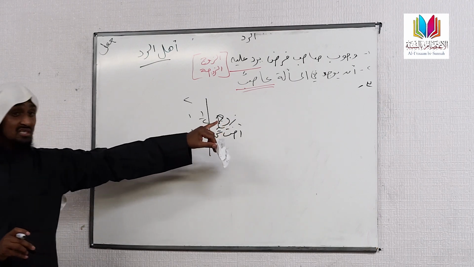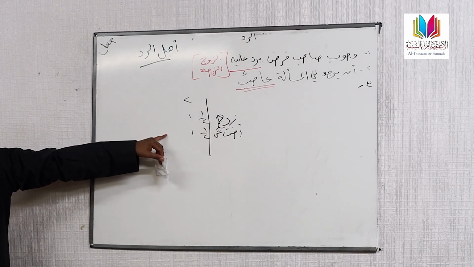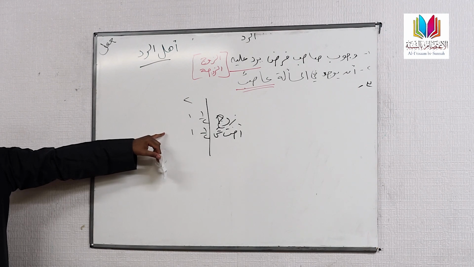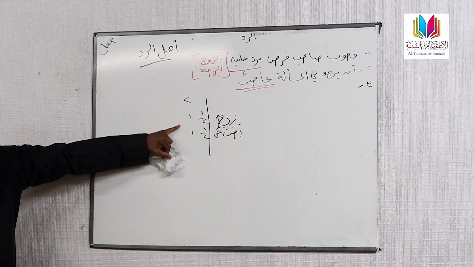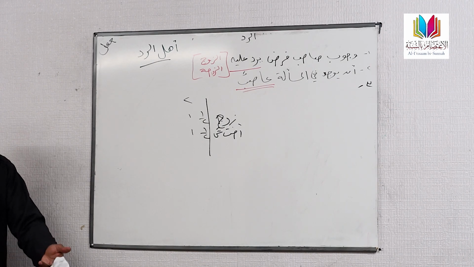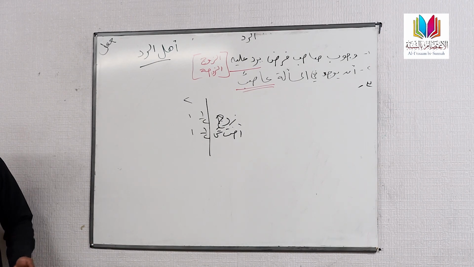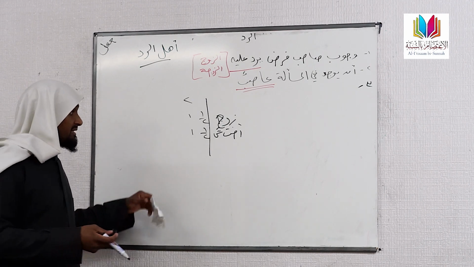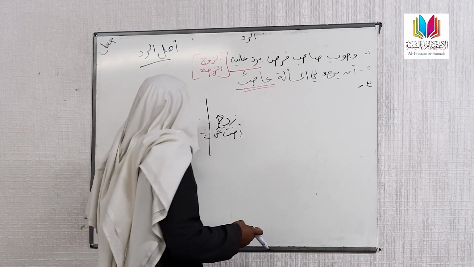So the third condition, that the furud are not finished in the mas'ala, means this: there has to be something left over. If there's nothing left over, there's no way of giving anything back. Is that understood?